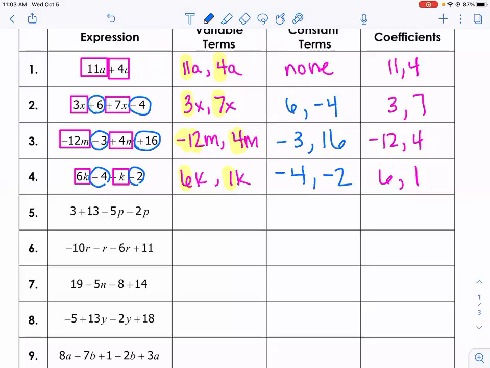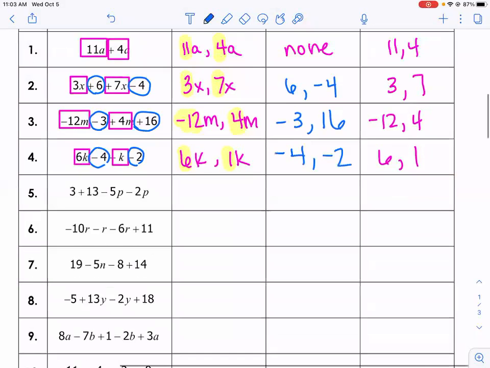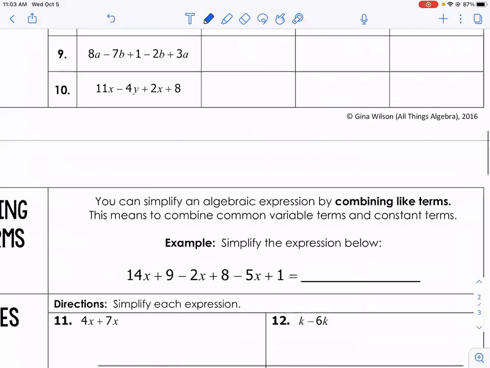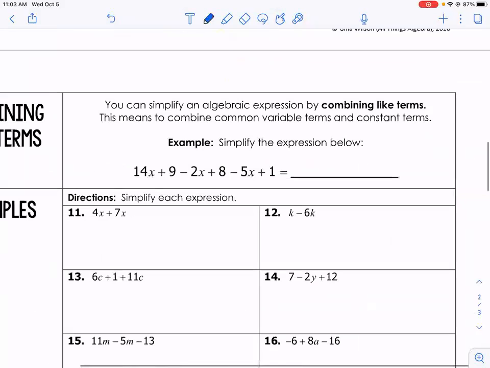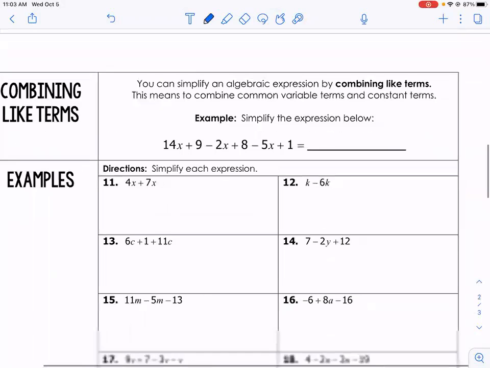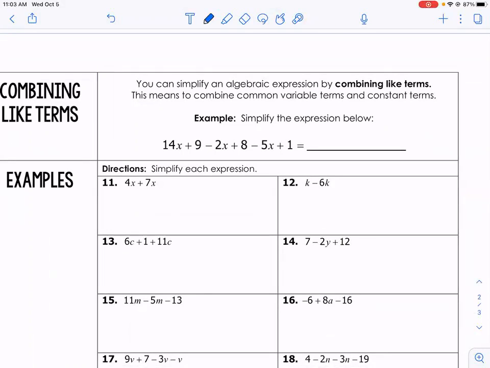Okay, so somehow this got copied a little weird. I need you to turn the page to page 20, to the top of the page.